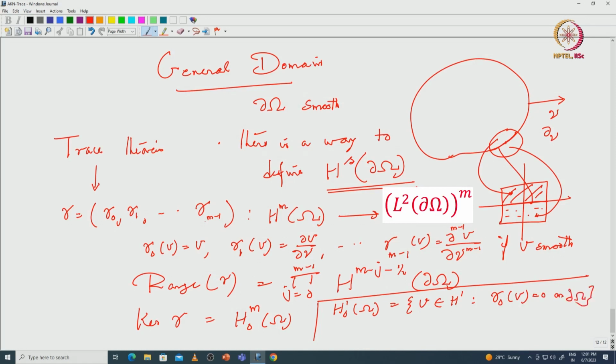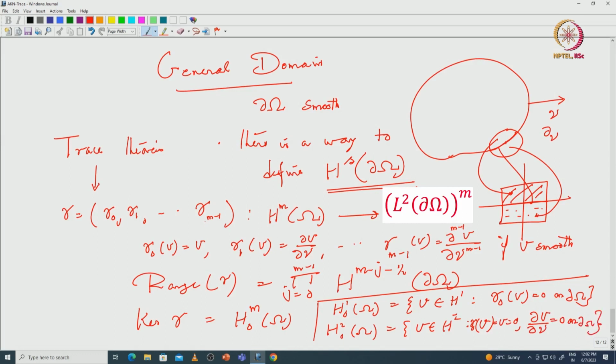Similarly you can have H^2_0, which we may use in the next class. It is the set of all V in H2 such that gamma 0 of V and gamma 1 of V are zero, that is, V equals 0 and dV by d nu, in the sense of trace, equals 0 on the boundary of omega.